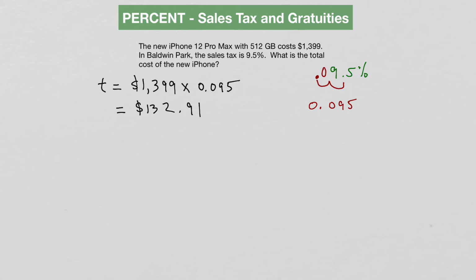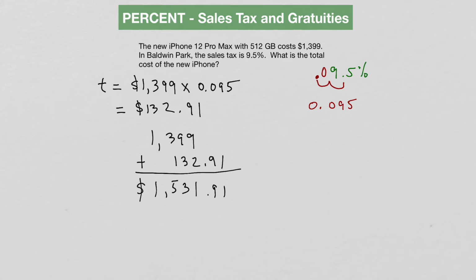Okay, so now we need to take the cost of the iPhone, which is $1,399, and we need to add $132.91, and we get our total to be $1,531.91.